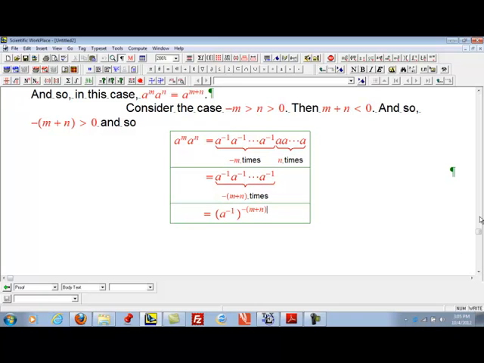Now, note one other thing. We need to figure out what a to the m plus n is equal to. But m plus n is negative, right? So that's equal to a inverse to the negative of m plus n.